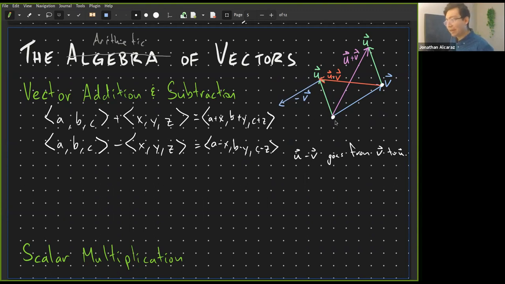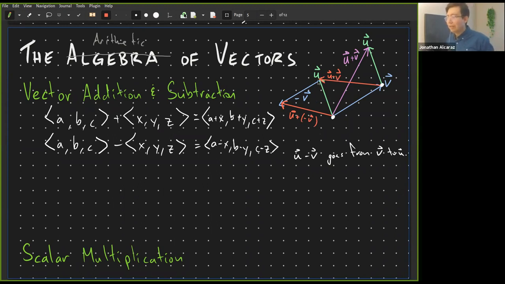It's going in this direction. So that gives us, again, U minus V, or U plus negative V, however you want to see it.